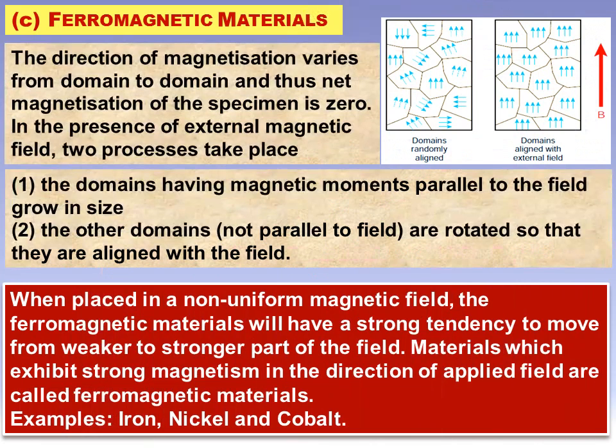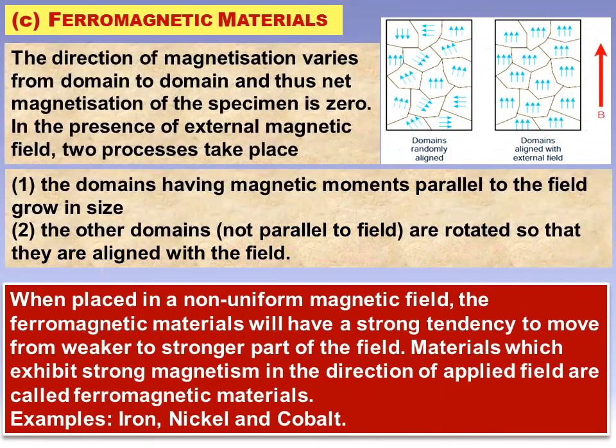When these domains having their magnetic moments parallel to the field are placed in a non-uniform magnetic field, the ferromagnetic materials will have a strong tendency to move from the weaker to the stronger part of the field.